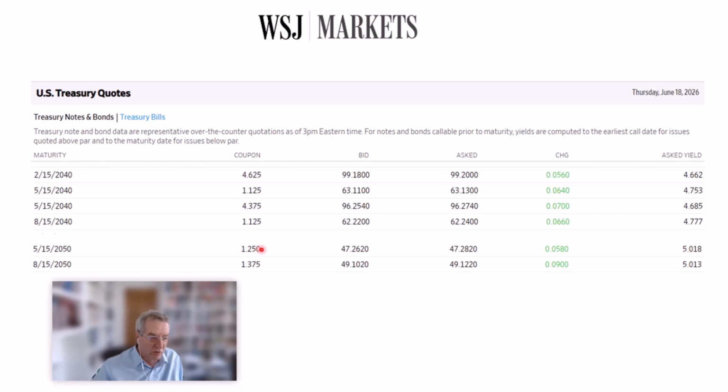This was 1.25%. And as can be seen, again, this bond, if it needs to be priced to yield that amount, 5%, just over, then the pricing on that would be somewhere in the region of $47. So if you weren't going to hold that through to maturity and you needed or wanted to sell that bond on that date, you would have realized a loss of more than 50% of the par value of the bond.